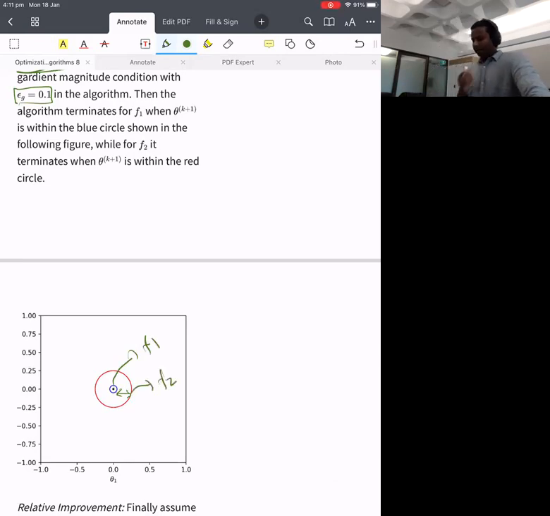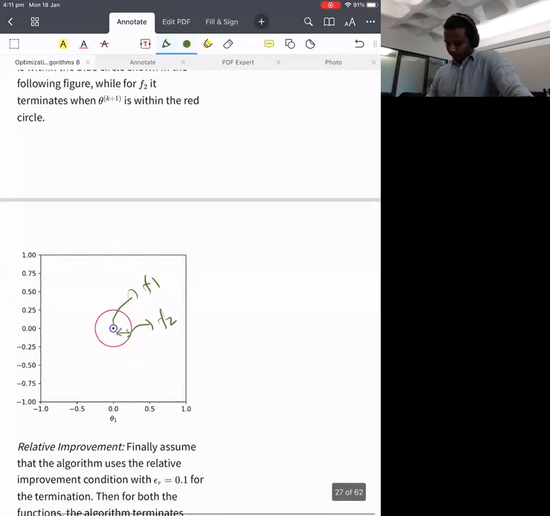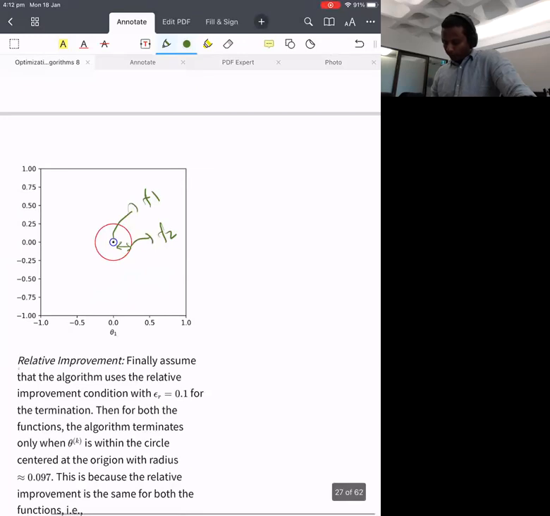So when you apply this condition for shallower functions, you terminate before you are anywhere closer to the minimum point.